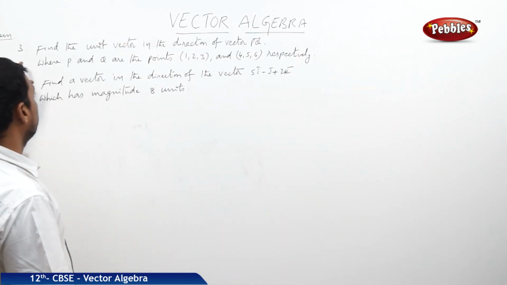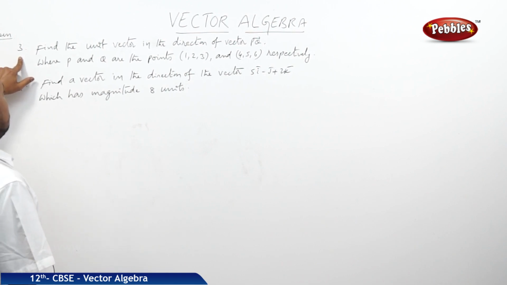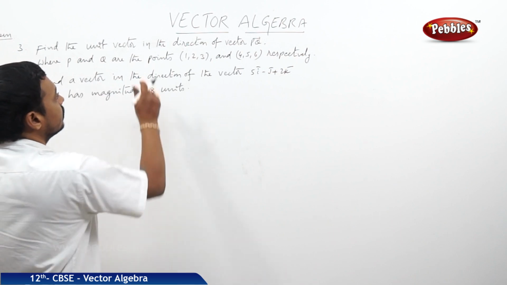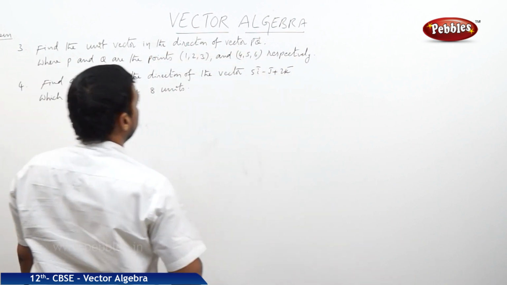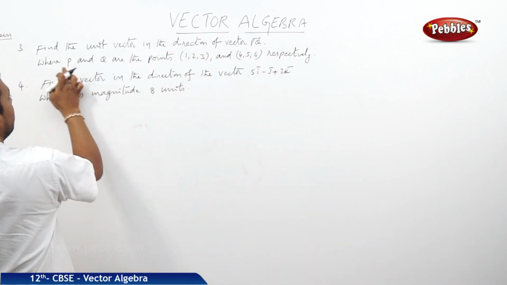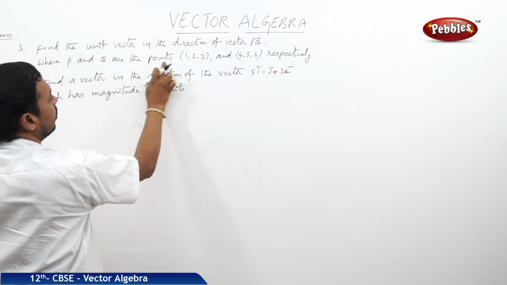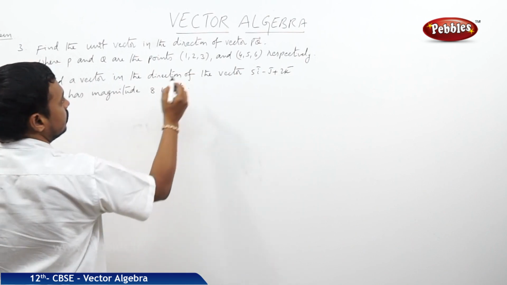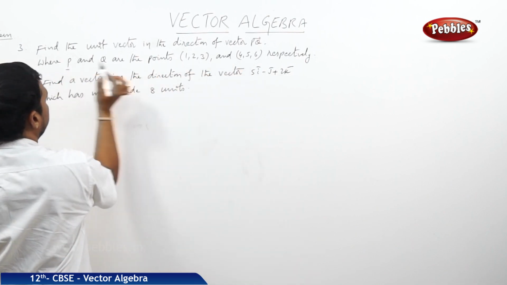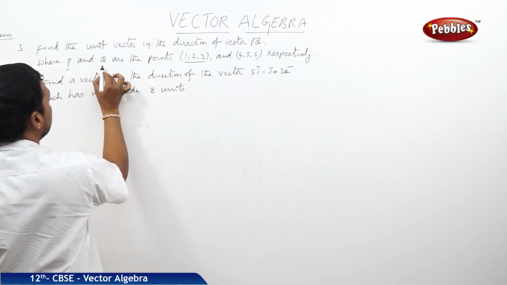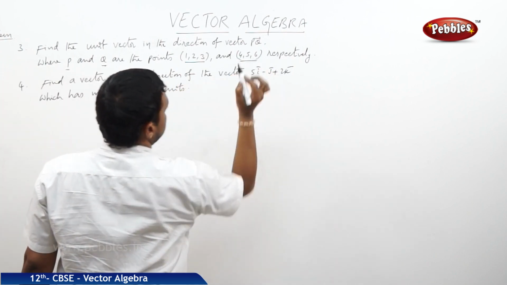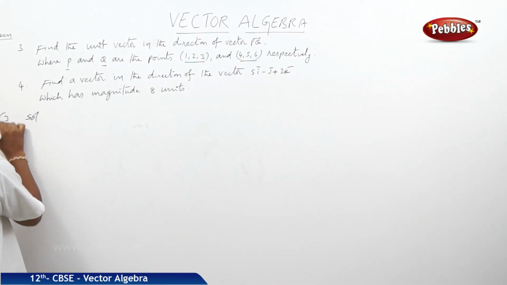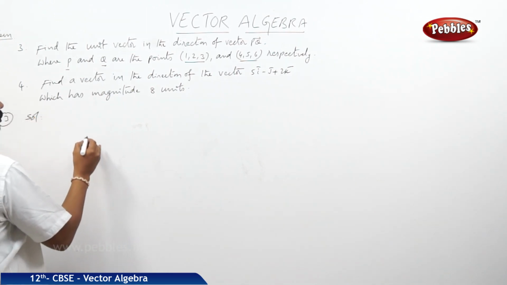Now there are two more problems. Third one is find the unit vector in the direction of vector PQ, where P and Q are the points 1, 2, 3 and 4, 5, 6 respectively. Here the point P is 1, 2, 3, Q is 4, 5, 6. Now let us define the vector PQ first.